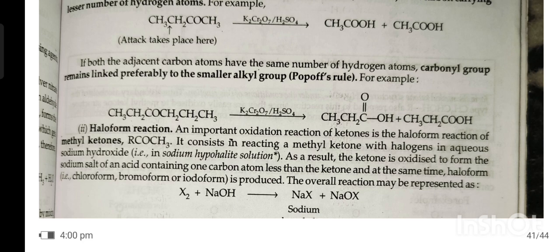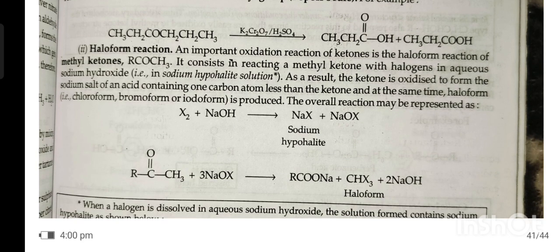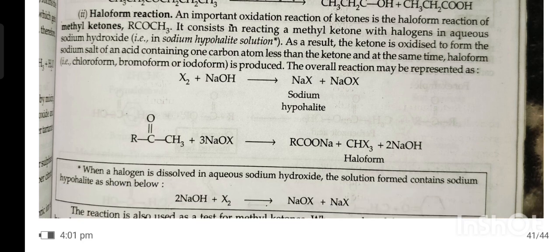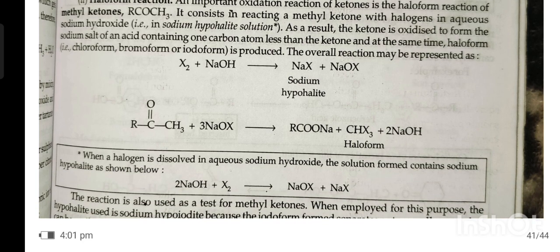The overall reaction may be represented as halogen plus NaOH giving sodium hypohalide, NaOX. When a halogen is dissolved in aqueous sodium hydroxide, the solution formed contains sodium hypohalide, as shown below.